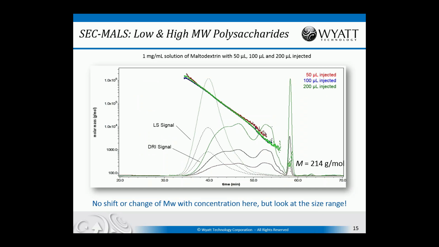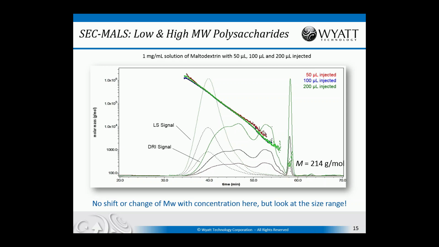What we see here is injections of different volumes. There's no significant change in elution time, as we saw in the earlier example, so the molecular weight determined by column calibration would be similar for these three. But light scattering gives us, without need for calibration, such a large range, which extends from over 1 million all the way down to 1,000.